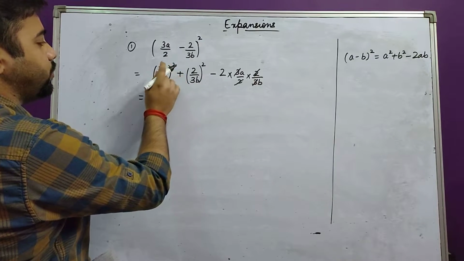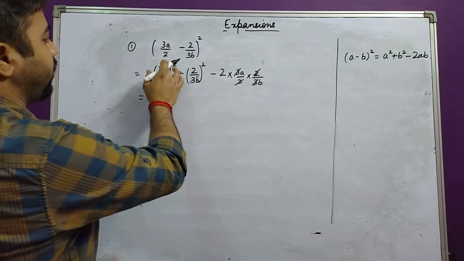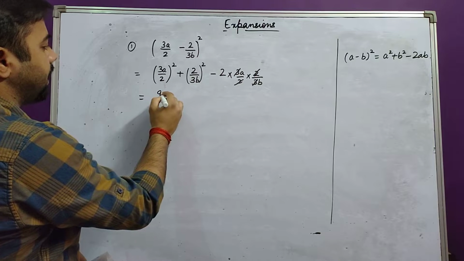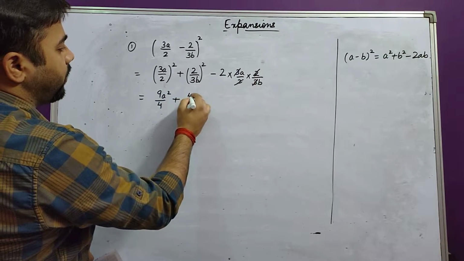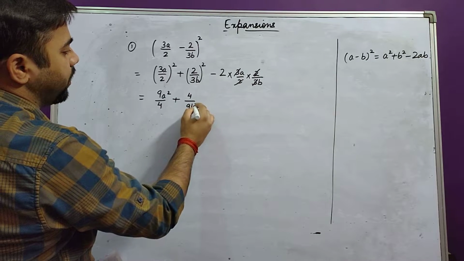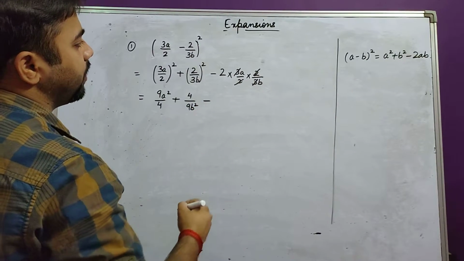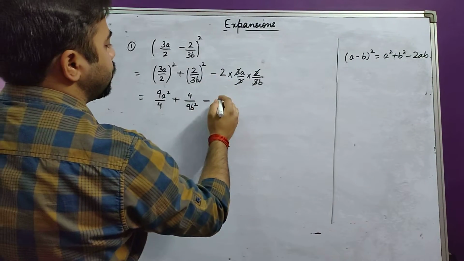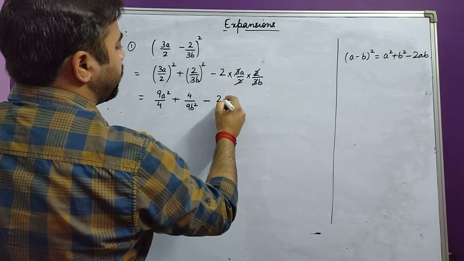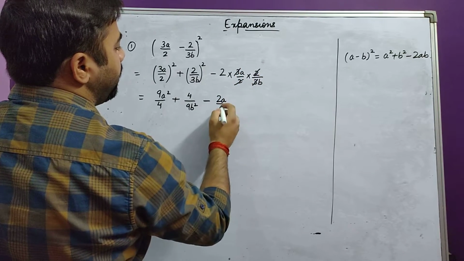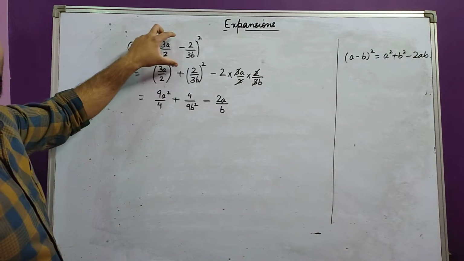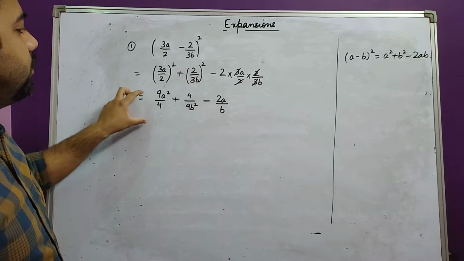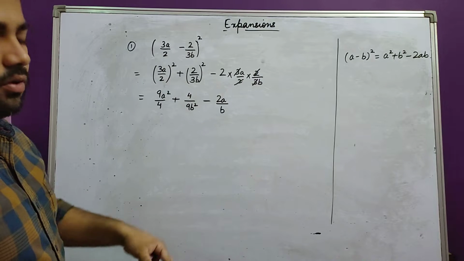All the things will be squared within the bracket, that's 3a and 2. It becomes 9a square by 4 plus 4 divided by 9b square minus, how much will it be left? 2 in the numerator, a in the numerator and b in the denominator. Simply we have expanded this form in this form.